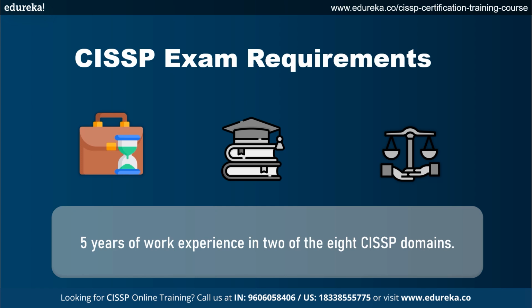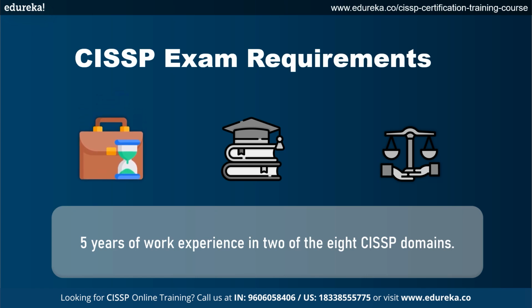The domains are security and risk management, asset security, security architecture and engineering, communication and network security, identity and access management, security assessment and testing, security operations, and software development security. Well, we shall move ahead and see all these domains one by one.